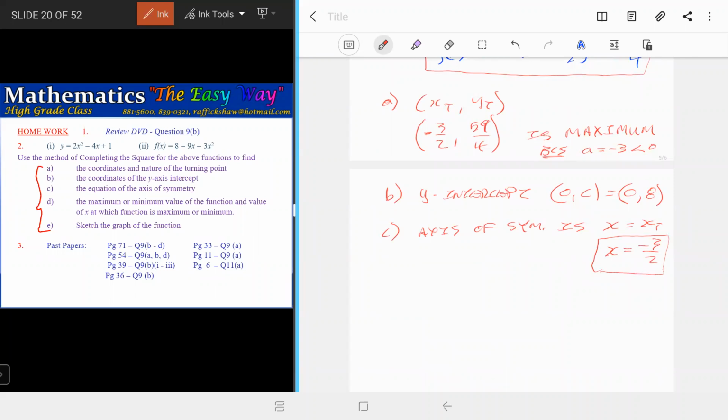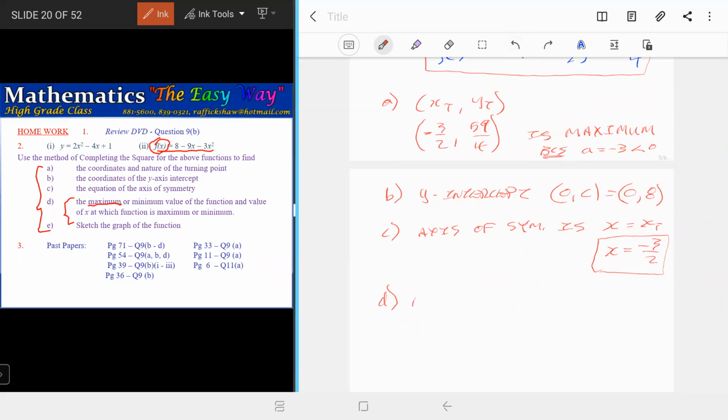Then we'll come to part D. Part D says we are to find the maximum or minimum. In this case, we know it's a maximum. Find the maximum value of the function, and the function is f of x, and the value of x for which it is maximum. The maximum value of the function is talking about f of x. We already said it's a maximum.